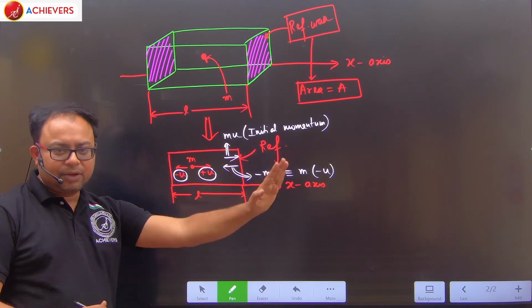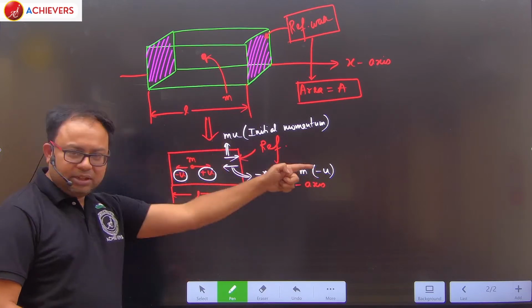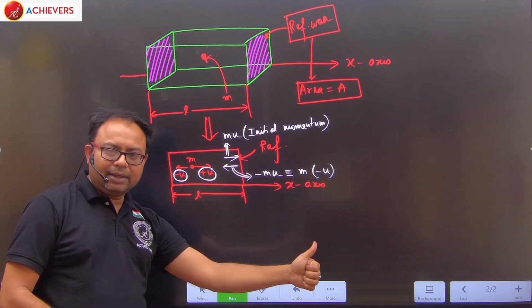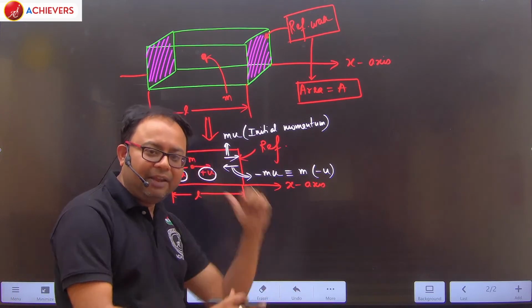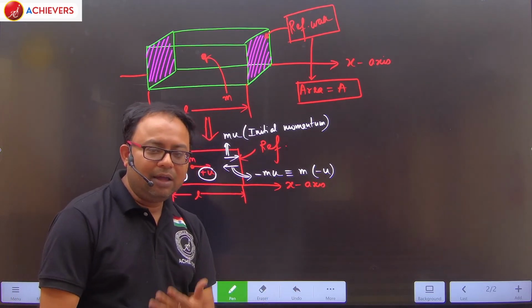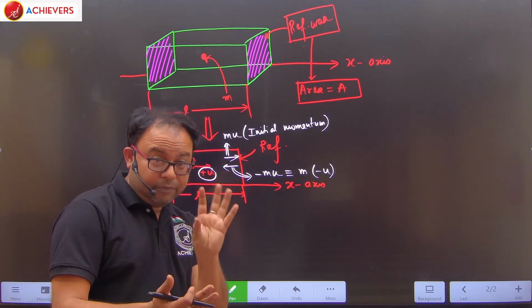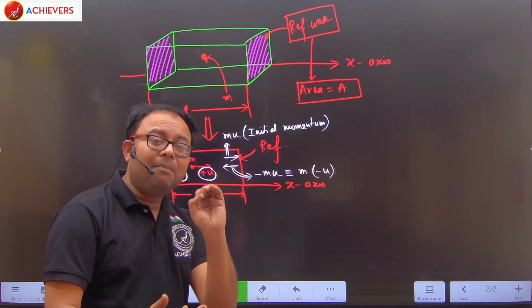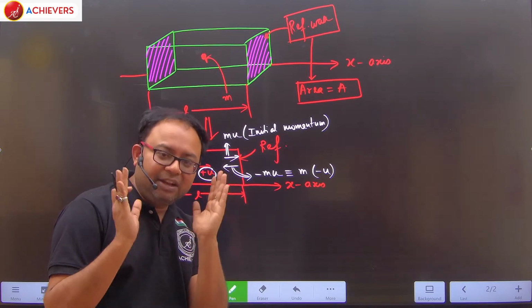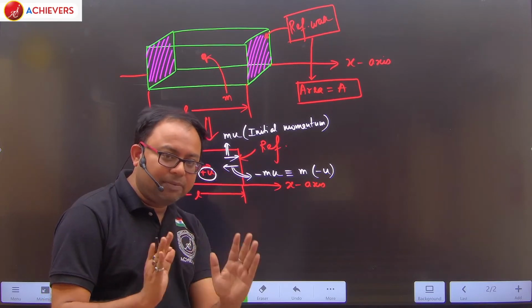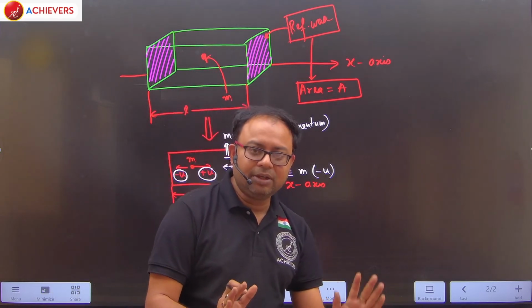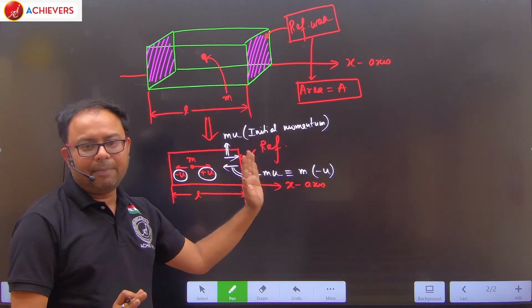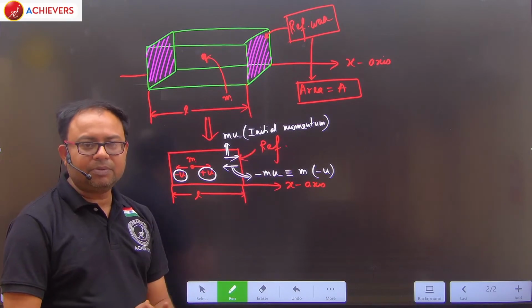Mass is m, the mass doesn't vary, and the velocity becomes minus u. Initially it was plus u when it was moving in the positive x direction. Now it is reversing its direction and moving in the negative x direction. The magnitude remains all the same, just the sign gets reversed. And minus u multiplied by m becomes minus mu.